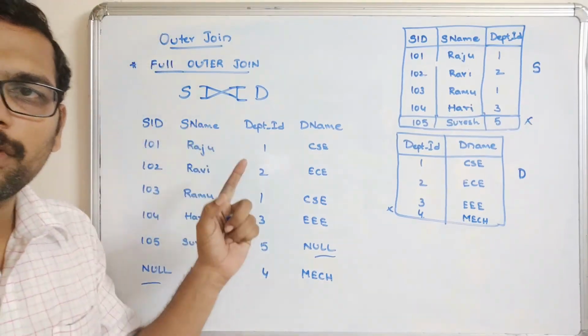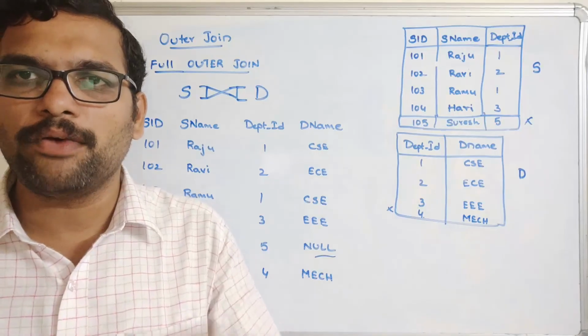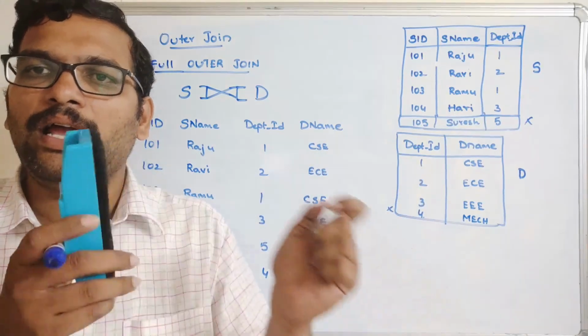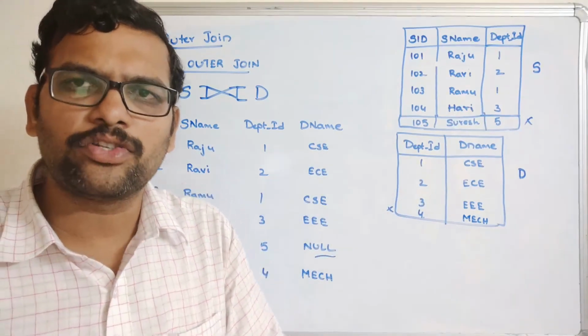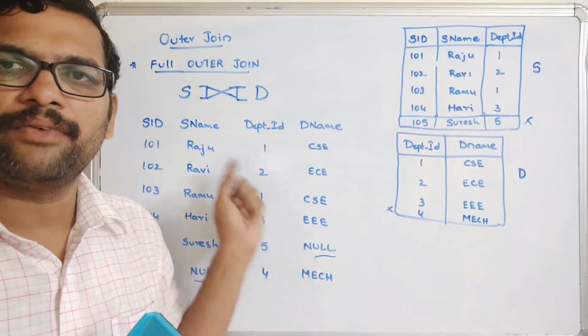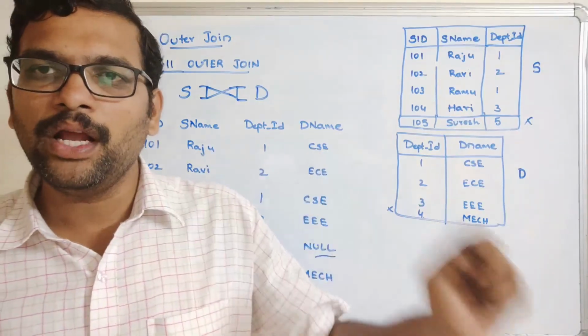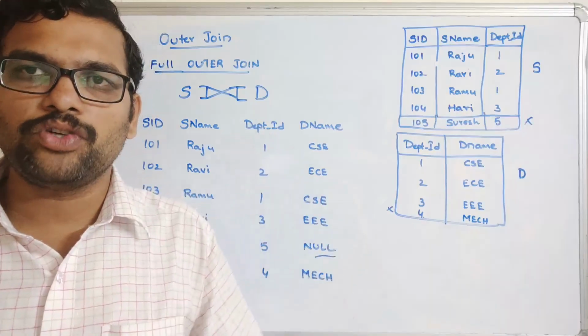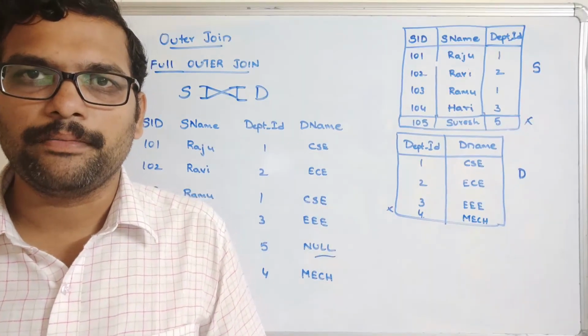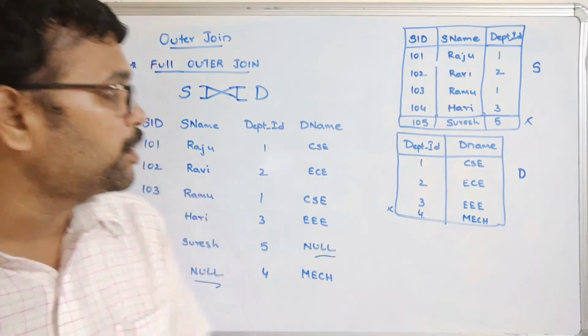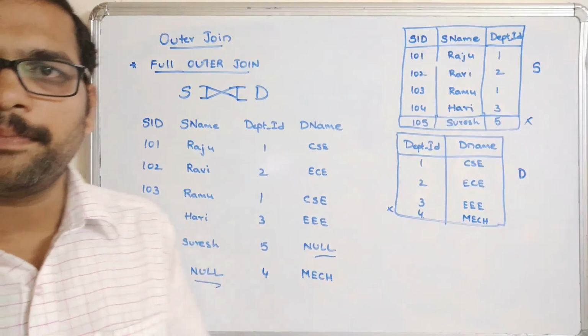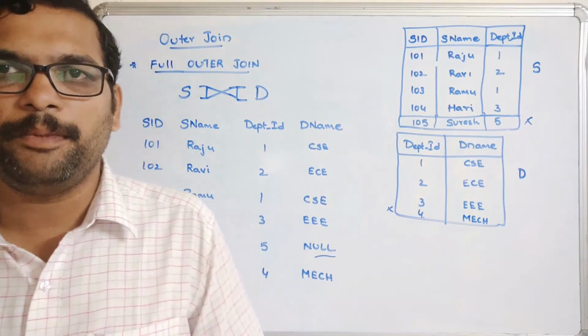And the full outer join considers all the tuples of both relations; simply, it is a union operation between left outer join and right outer join. Hope you understood this join concept in relational algebra of DBMS.